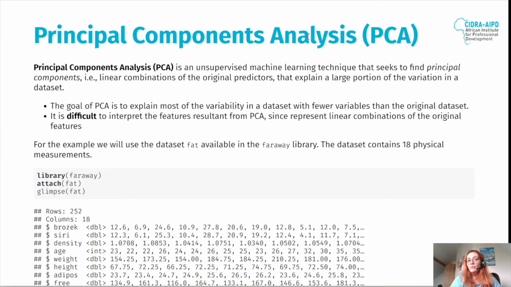It's pretty doable without needing to reduce the original variables from the data set. And we have 252 rows, with, for example, density, age, weight, height, a lot of physical measurements.